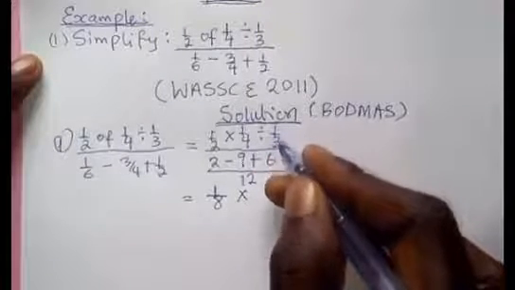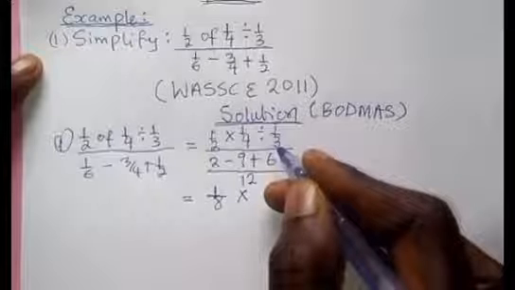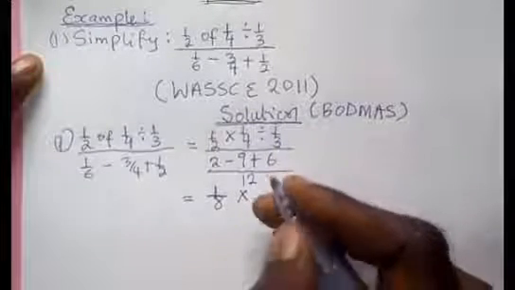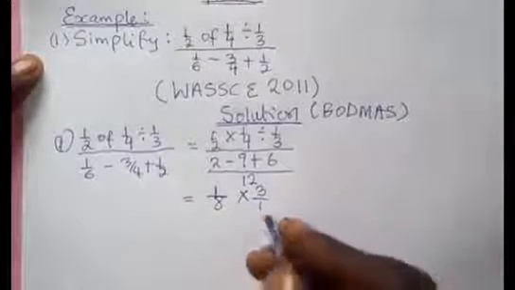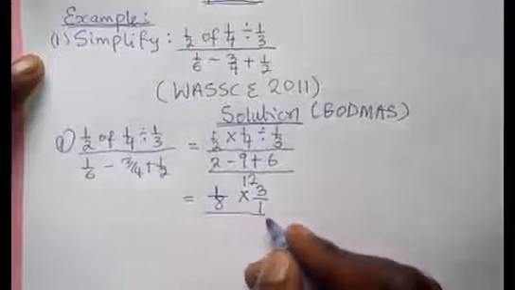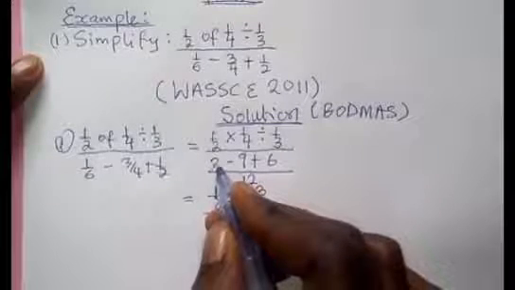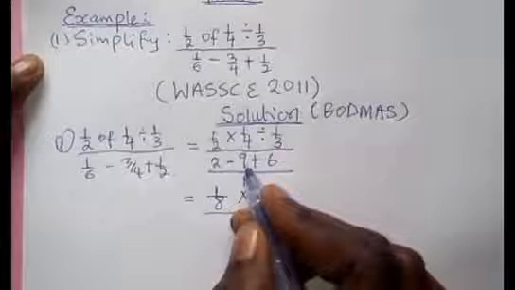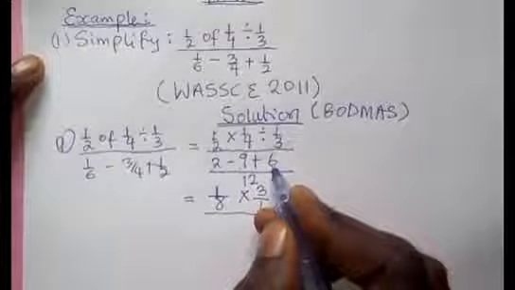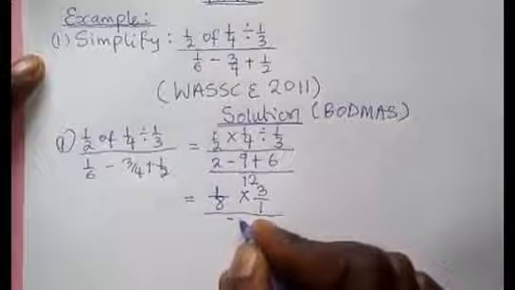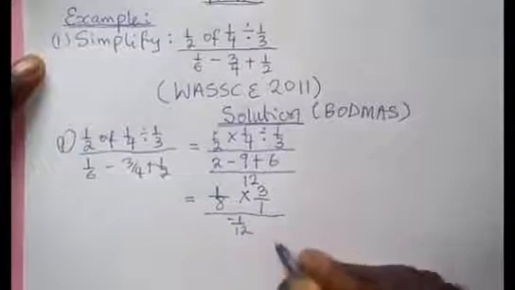So since we have 1 upon 3, we are going to turn it upside down to become 3 upon 1. So write it here, 3 upon 1. Then at the denominator, we are going to simplify. 2 minus 9 will give us minus 7. Minus 7 plus 6 will give us what? Minus 1. So write it out, minus 1 upon 12.